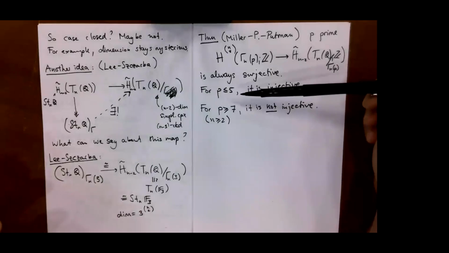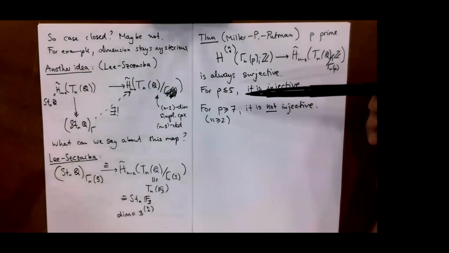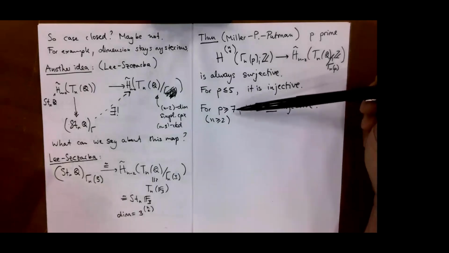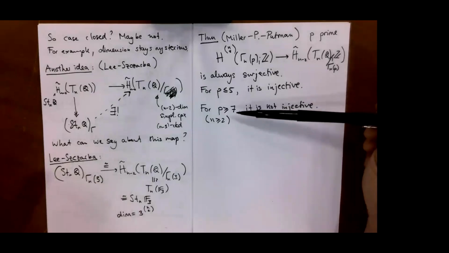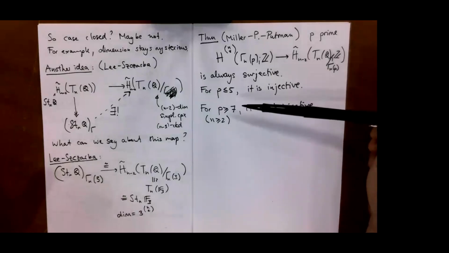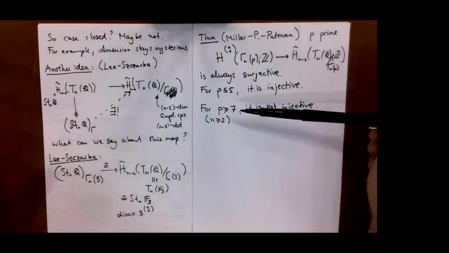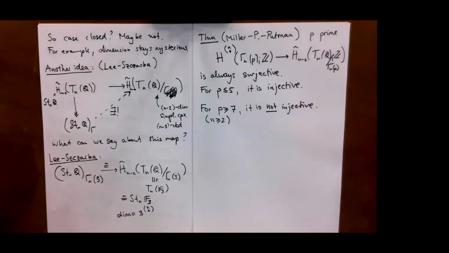For p equals 5, this is new. And this was really the heartbeat of this paper, and I'll show you where this comes in. P equals 7 and larger, I think should have been considered to also be known, maybe for n equals 2. That was not the heartbeat of the paper, but it was an observation that nobody else has made before. So I think we're quite happy with that as well.